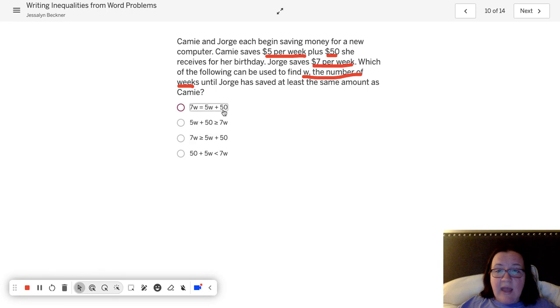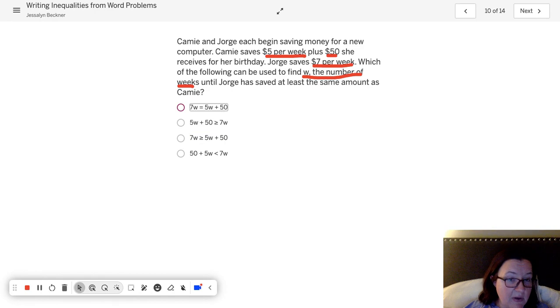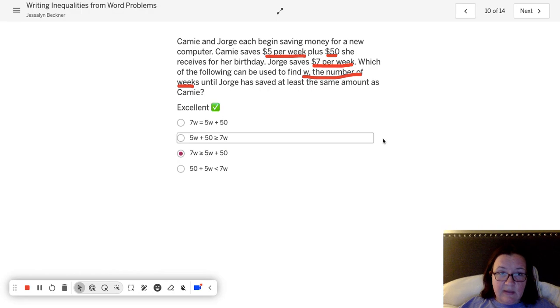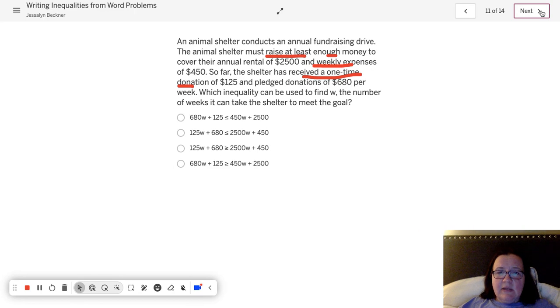So it is not equal. I do not want to know when they will hit the same exact amount. That doesn't matter. I want to know when will he hit the time where he has saved at least the same amount as Cami. We're going to click this one. Letter C. There's A, B, and C, and it'll tell you if you're right. It says excellent. All right, let's do the next one.